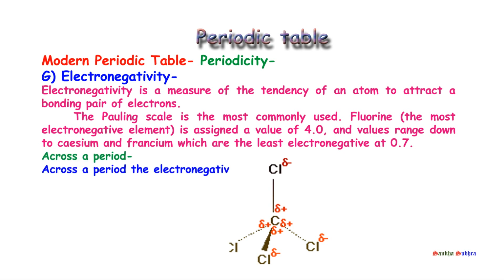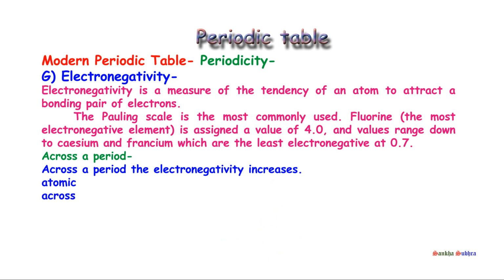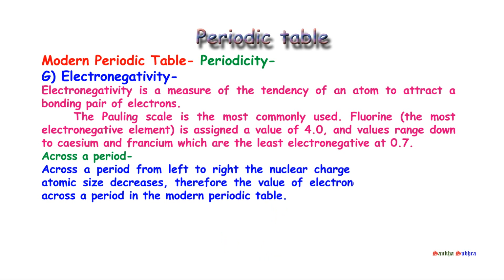Now, if we move left to right across a period, we will find that the size of the atoms is reduced. As a result, a greater nuclear charge density is observed, so the value of electronegativity increases across a period in the modern periodic table.